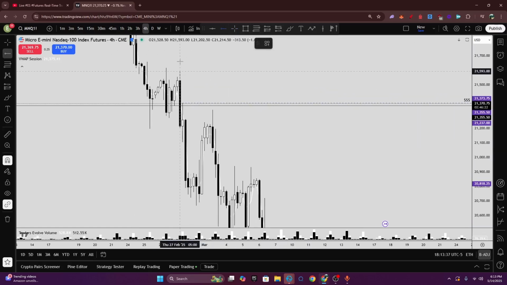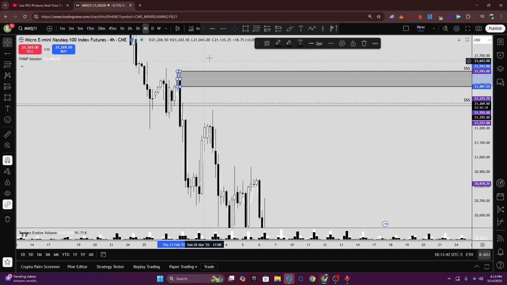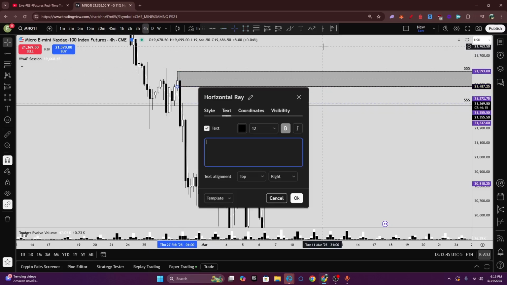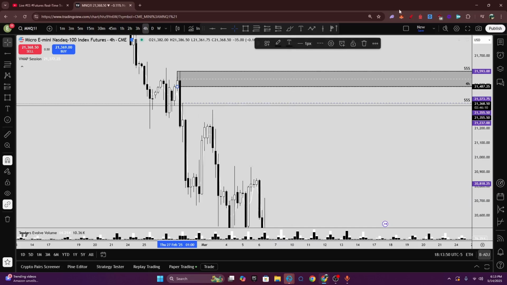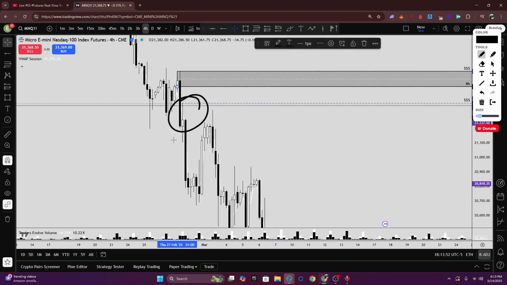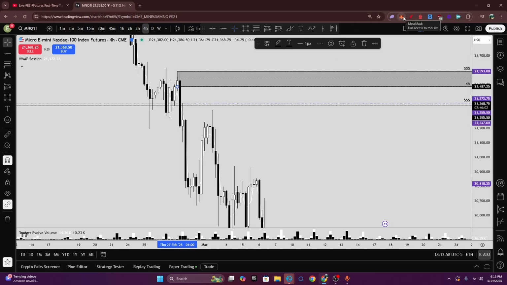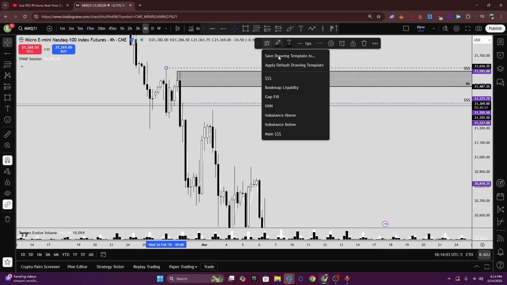You have main liquidity up there, alongside a nice 4-hour supply zone. This would also be a 4-hour supply zone, but I'm not liking how big it is and the fact that we're already near the top. So I'm not marking that out completely yet.